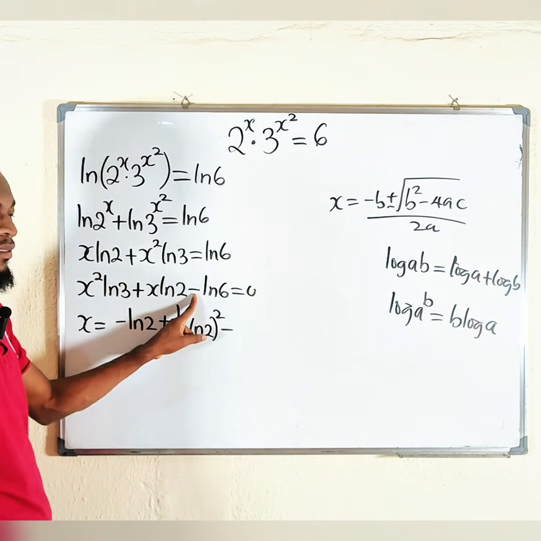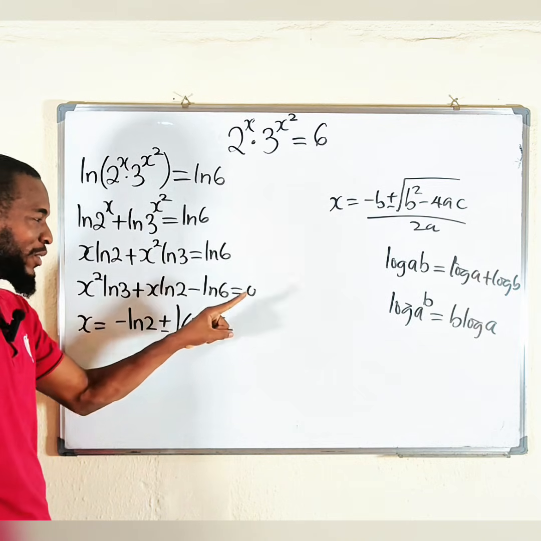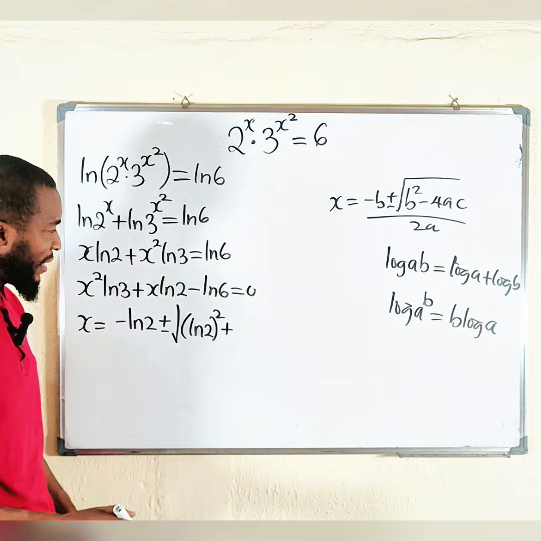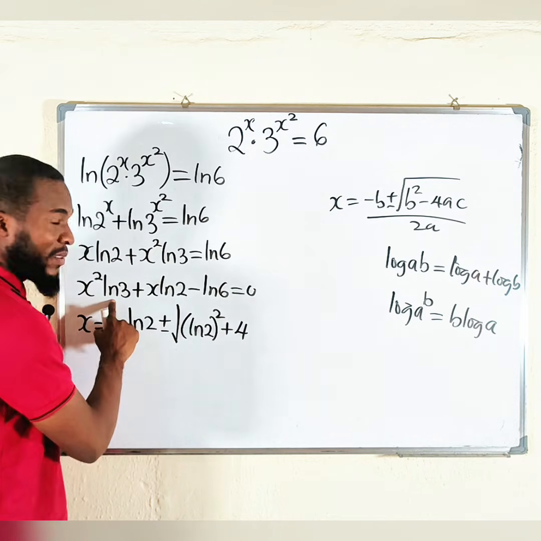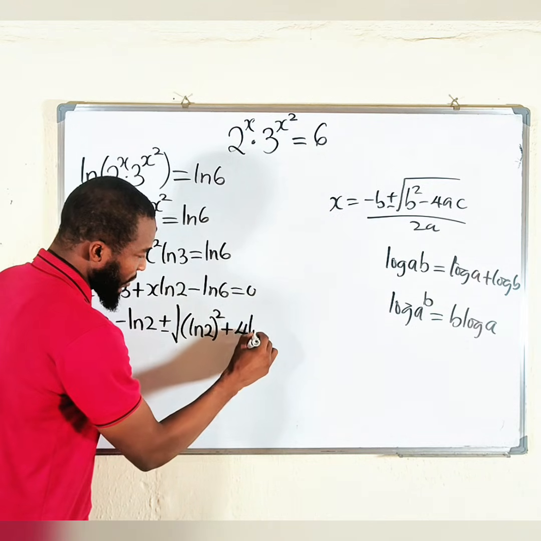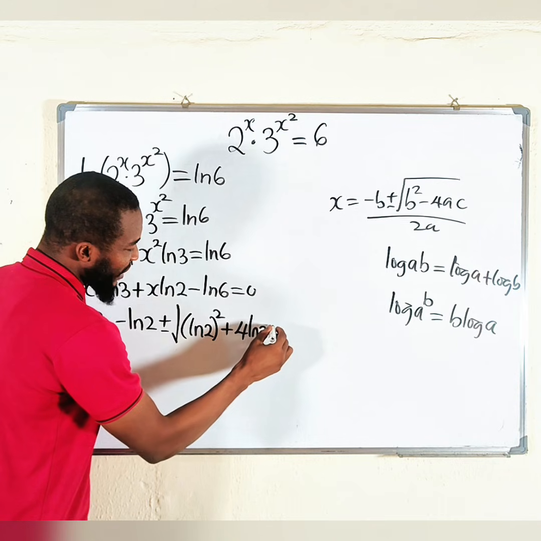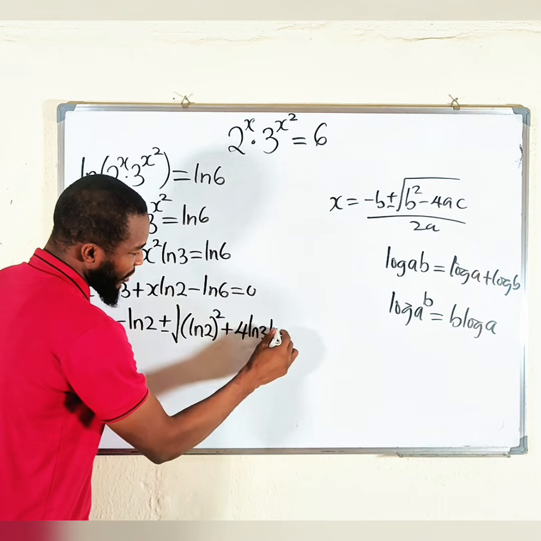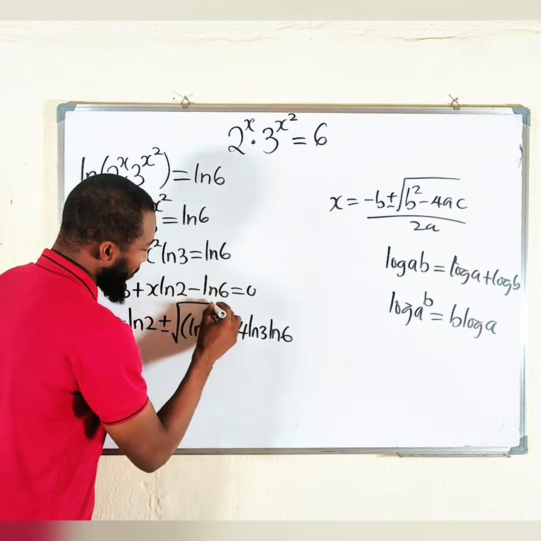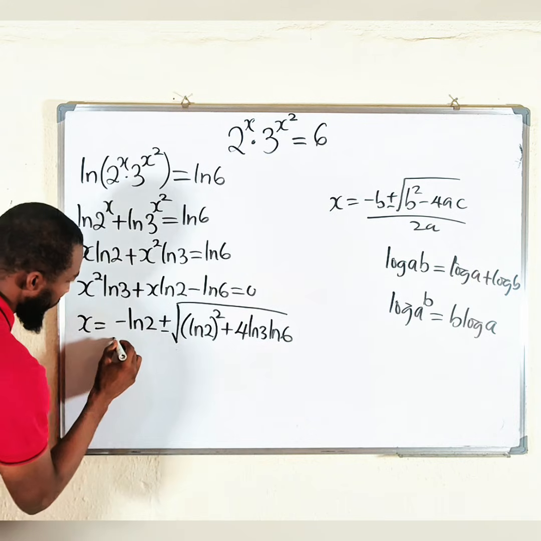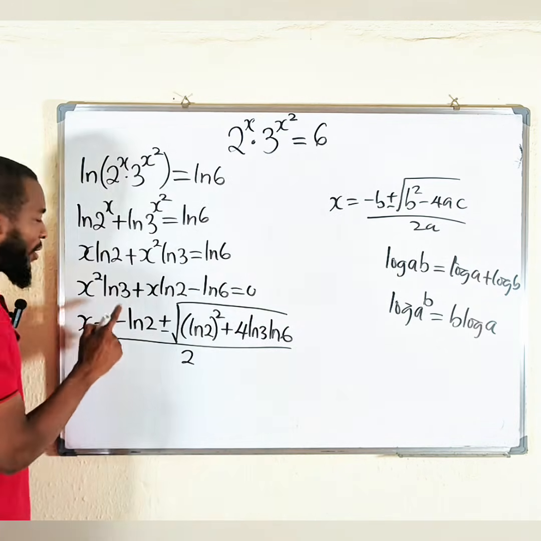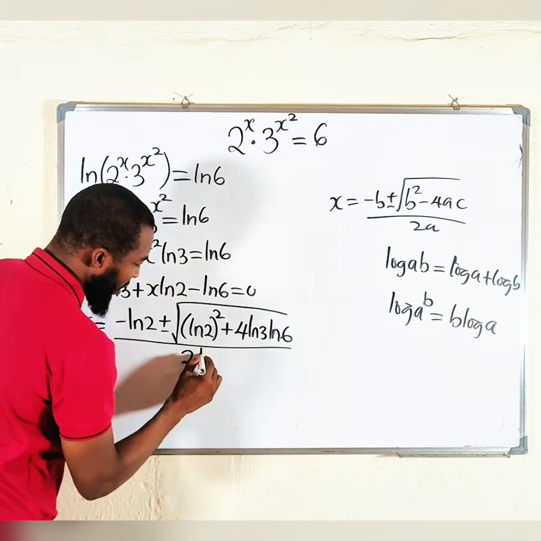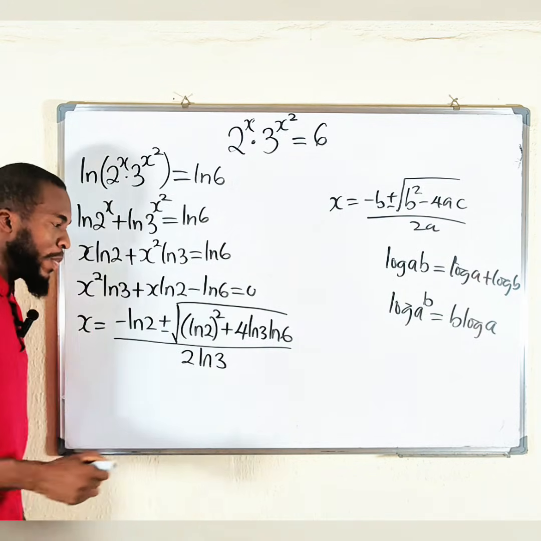But c has a minus, and we are multiplying, so this is going to be positive. 4 times a, which is natural log of 3, then c, which is natural log of 6. All of this under the square root. Divide by 2a, 2 multiplied by what? Natural log of 3, because that's our a.